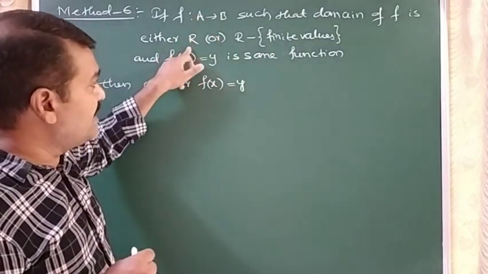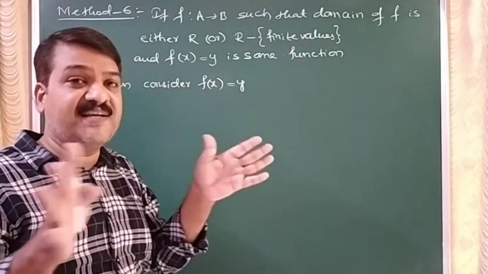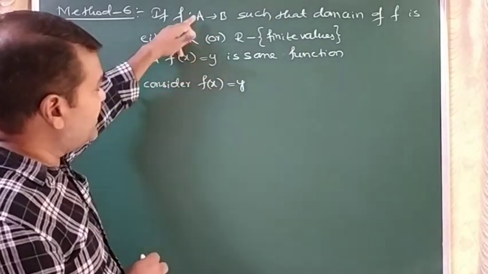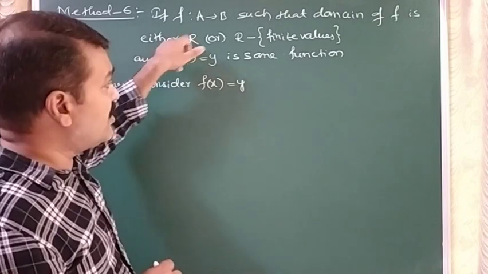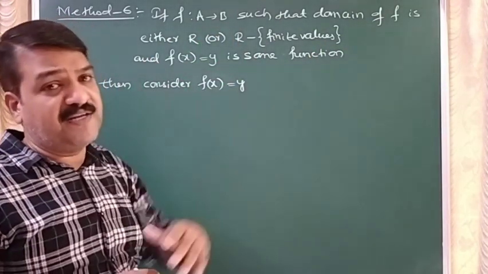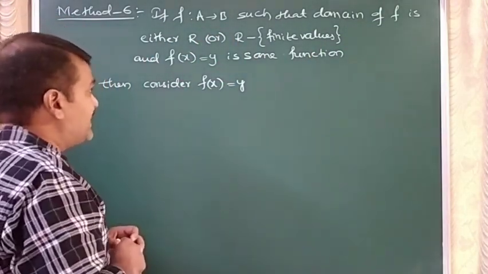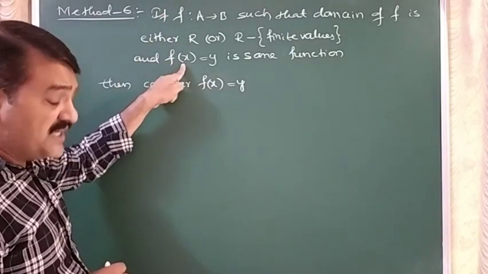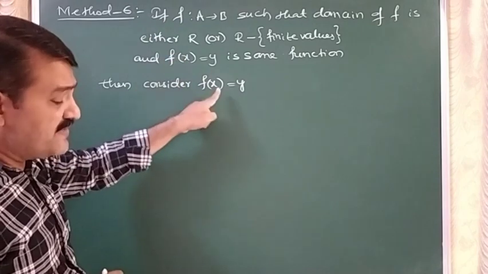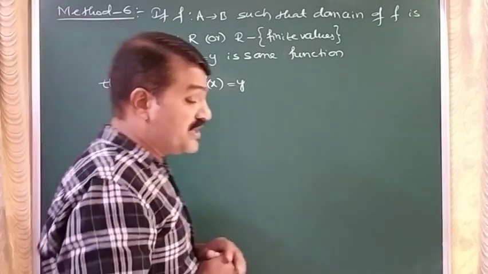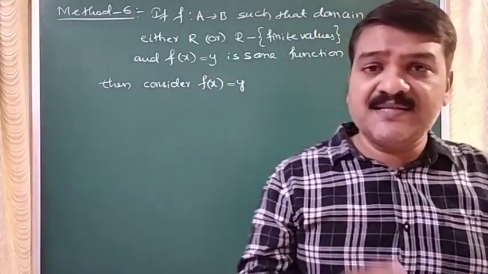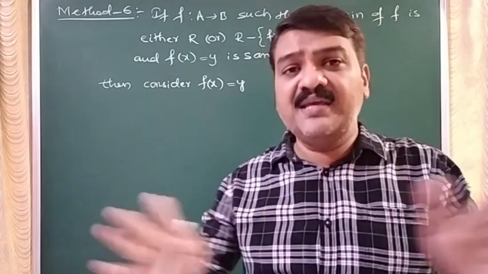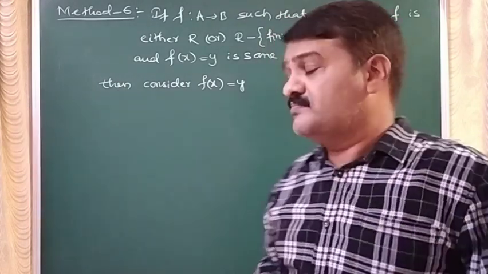That means the domain is actually an infinite set. Then if the function is given as f of x is equal to y, the domain is either R or R minus finite values.